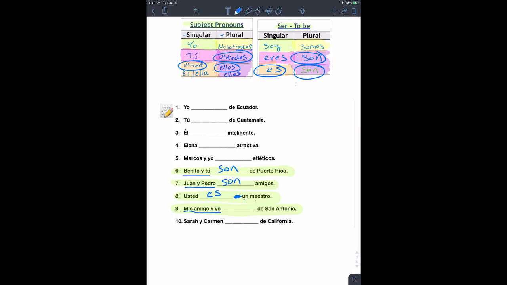The subject is my friends and I, mis amigos y yo, which is we. Our verb is somos. My friends and I, mis amigos y yo, somos de San Antonio. Número 10, Sarah y Carmen blank de California. So our subject, Sarah y Carmen, can also be ellas, which means that our verb is going to be son.